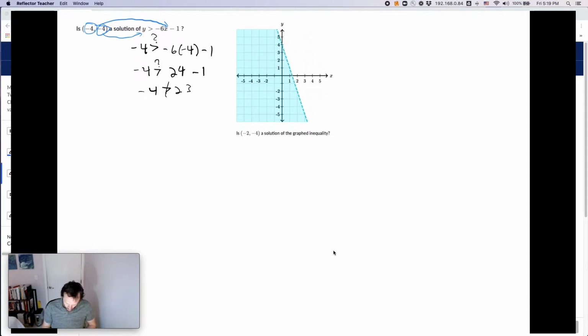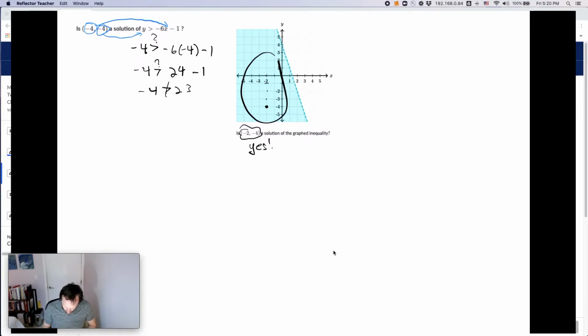So what we're going to do is check to see where this point is on the graph. -2, -1, -2, -4, -1, 2, 3, 4. That point right there, -2, -4. And that point is in the shaded region, which means it is, yes, a solution.